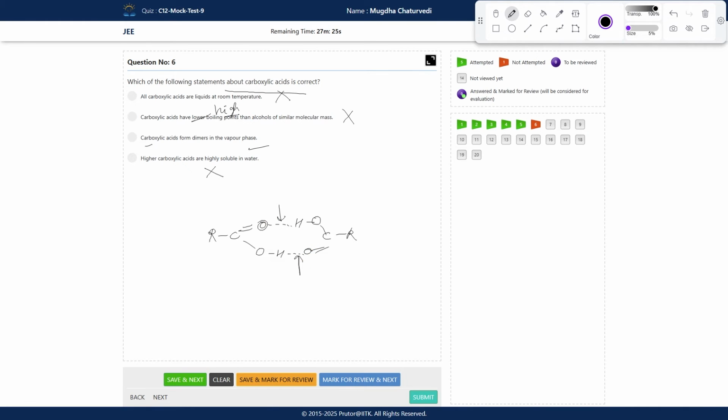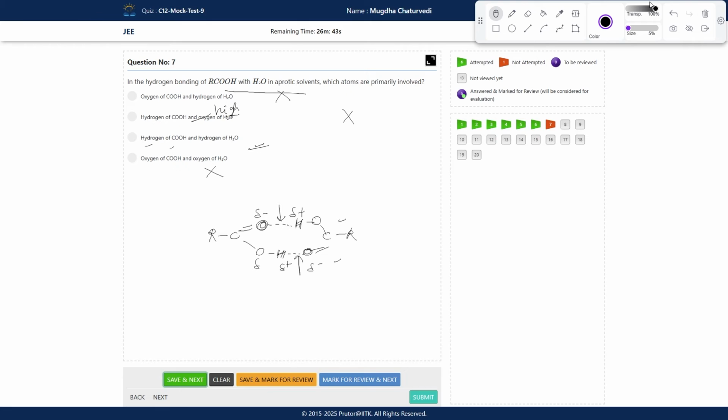One is between this carbonyl oxygen and the hydrogen of another carboxylic acid, and one is between the oxygen of this carboxylic acid and the hydrogen of this. This oxygen is partially negative and this hydrogen is partially positive. Here also, this hydrogen is partially positive and this oxygen is partially negative. So the correct option will be the third option, that is, they exist in the form of dimers in the vapor phase.